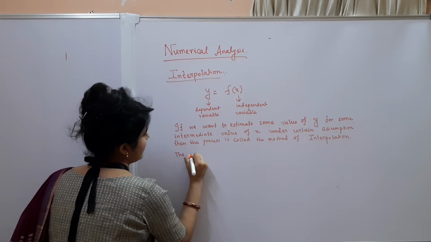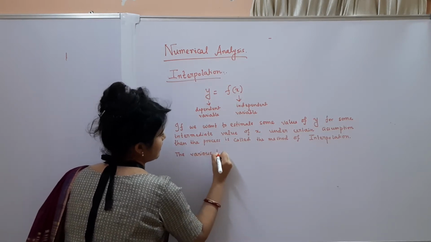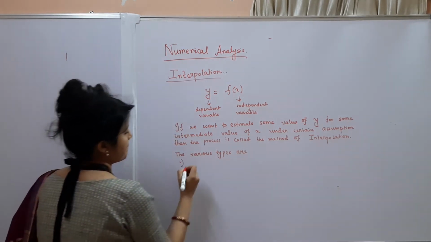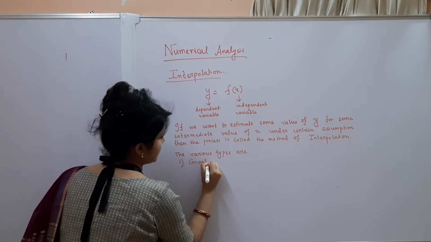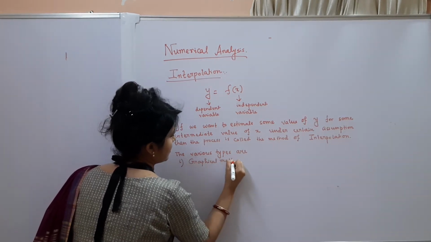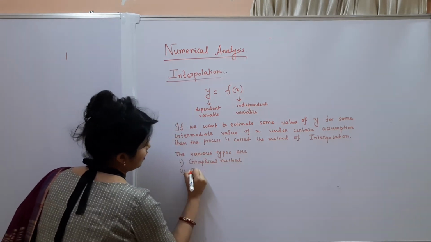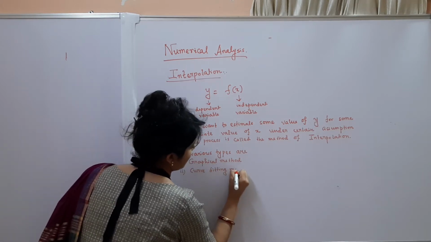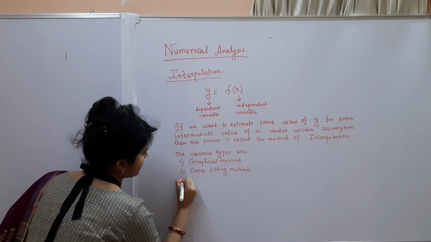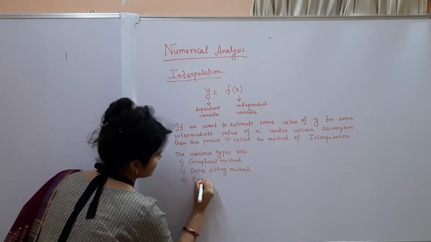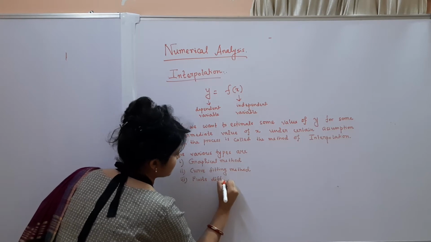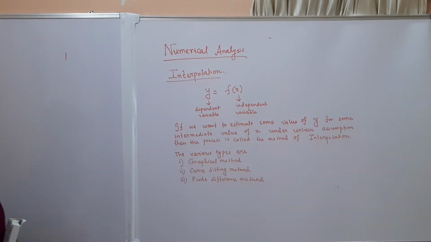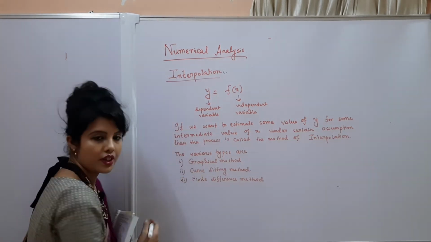So the various types are, number 1, graphical method, number 2, curve fitting method, and number 3 is finite difference method. Okay, so these are the processes of interpolation.